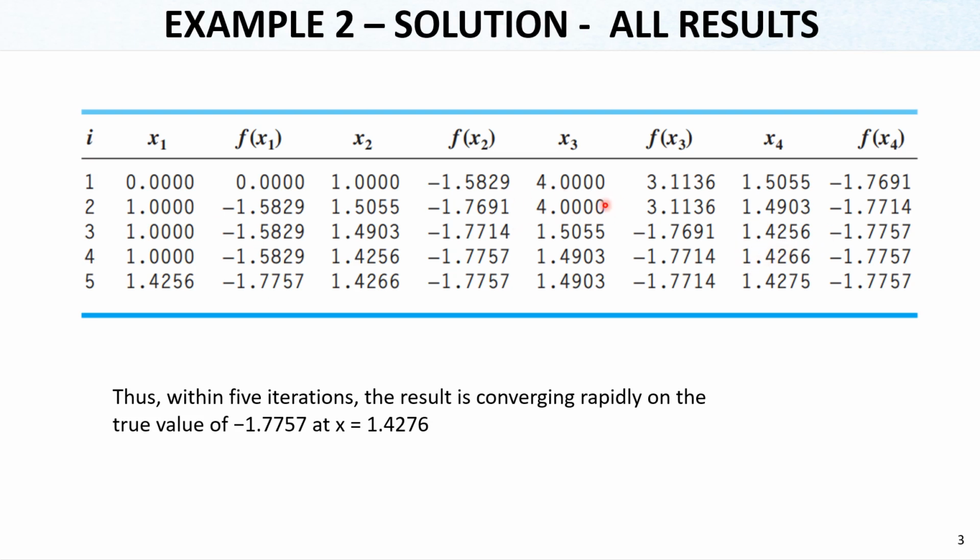Actually x3 stayed constant here. So in each iteration some values stay constant based on the results, and eventually here we will have the smallest value, as you see, 1.7757, which is actually the same as the true value. So this is reaching very quickly. You can see even in 5 iterations, maybe 4, we were able to get the true value.